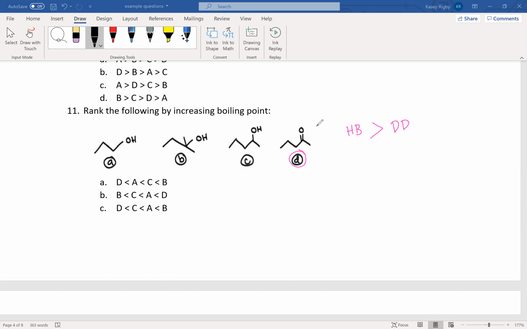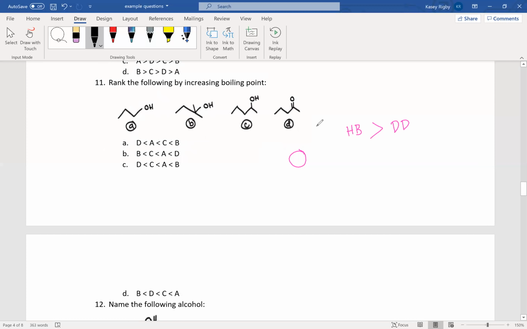I think there's another answer here. So we know that D is going to be the first one, so we can get rid of B and D. And now let's look at these other ones. We know that with increasing steric hindrance, there's a decreasing ability to hydrogen bond, and thus a decrease in boiling point. So the one with the highest boiling point should be A because it has the least steric hindrance. So let's look over here.